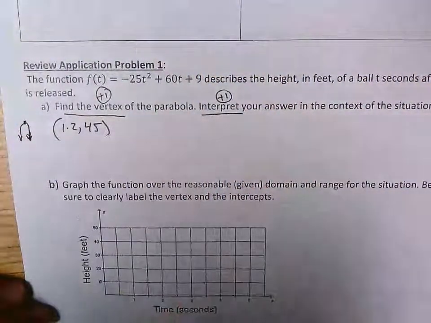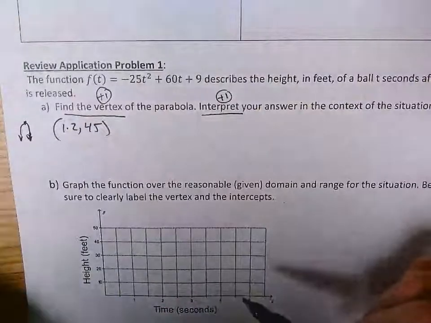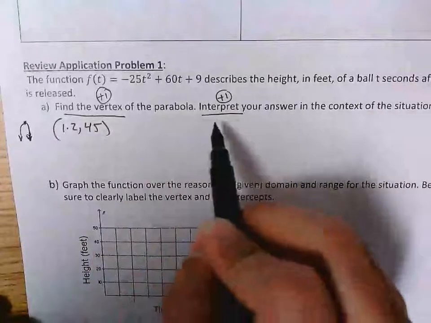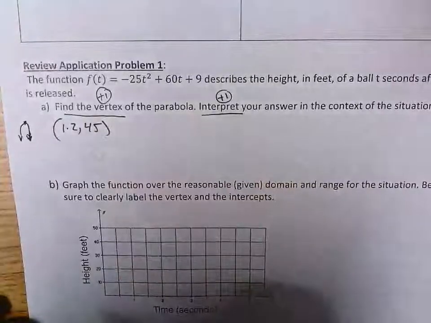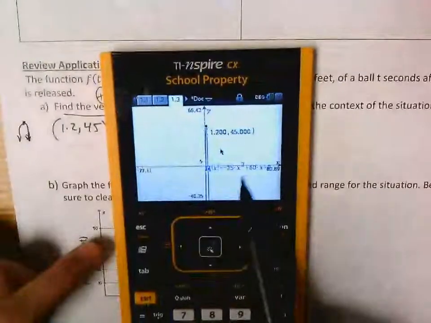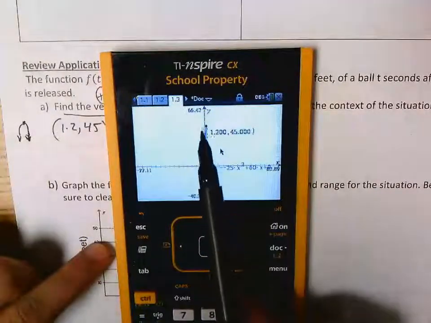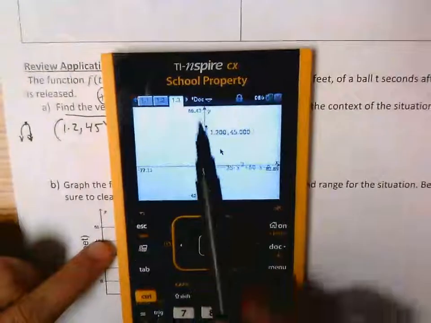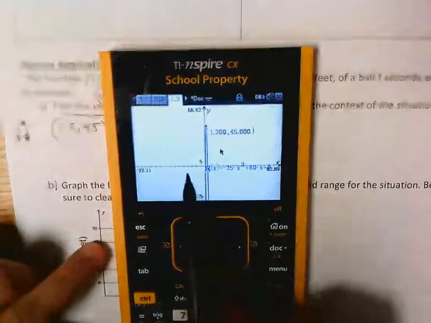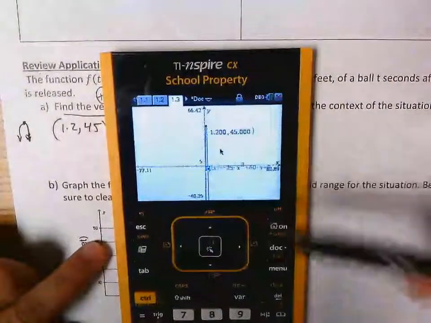Now that is the easy part of this problem. The other thing that I have to identify is I need to actually interpret what this represents. Now, if I have my x-axis and my y-axis, I need to know what that represents. I need to know what x represents, I need to know what y represents.